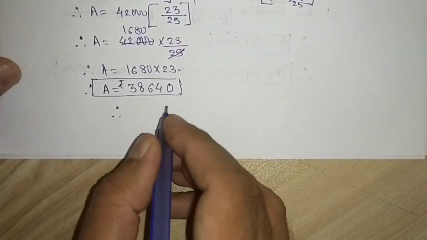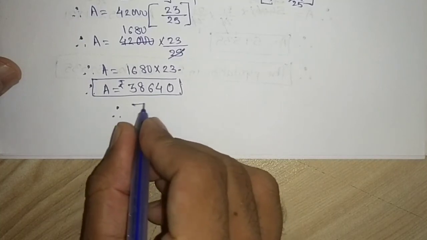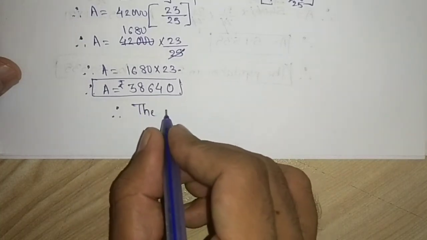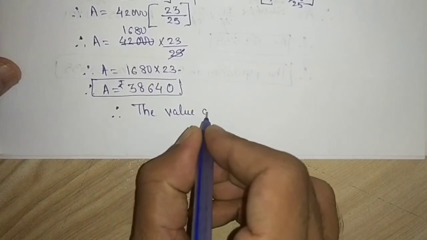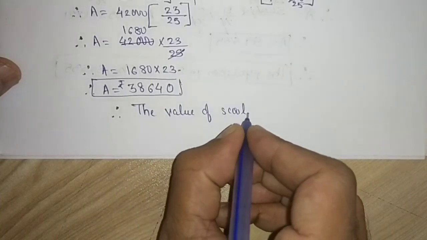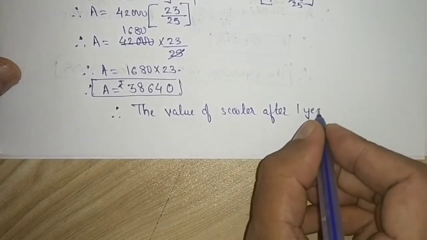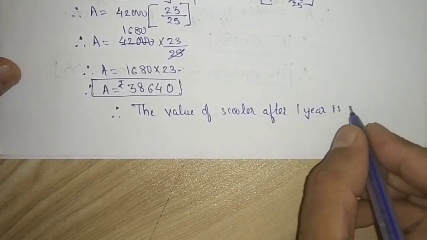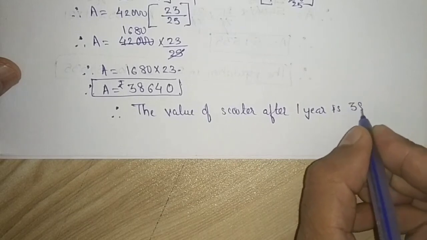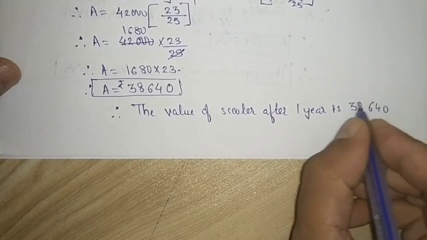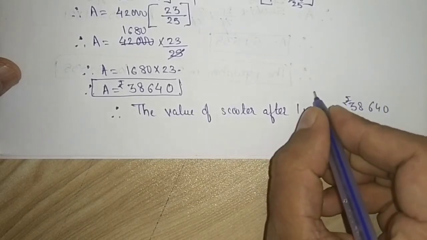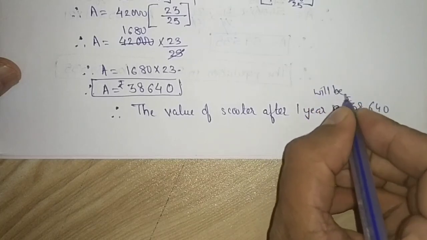It will be 38,640. Therefore the value of the scooter after 1 year will be 38,640.